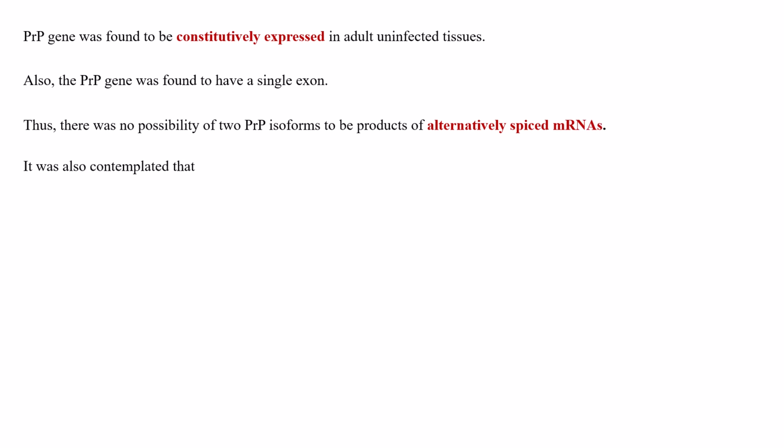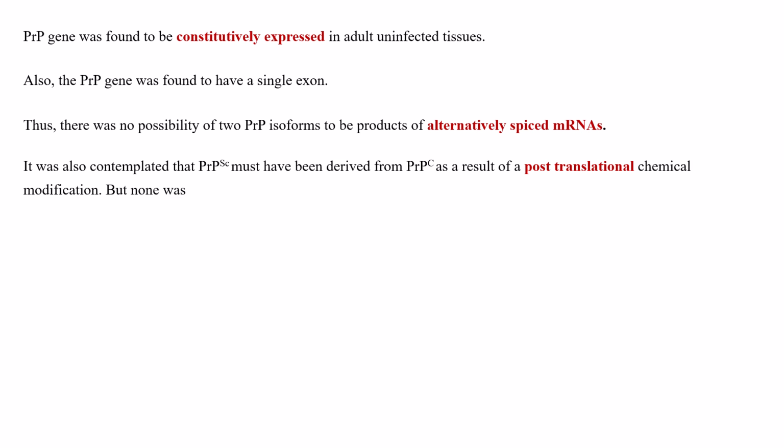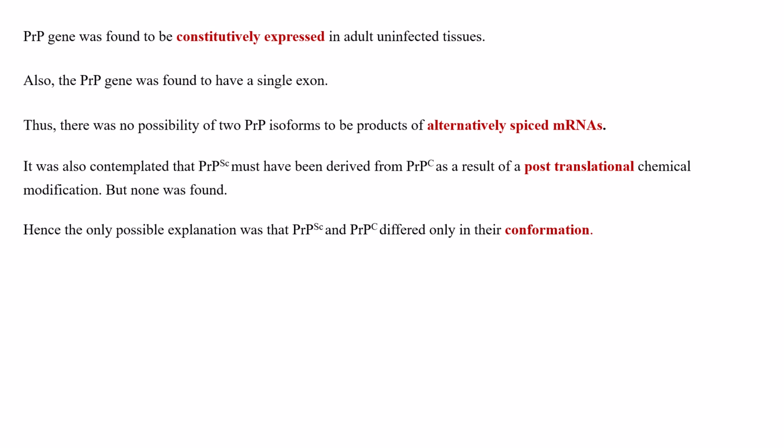It was also contemplated that PRP-SC must have been derived from PRP-C as a result of post-translational chemical modification, but none was found. Thus, the only possible explanation was that PRP-SC and PRP-C differed only in their conformation.